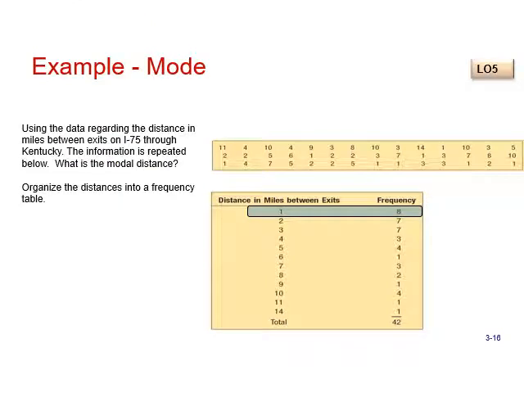Okay, let's take an example. Using the data regarding the distance in miles between exits on 1 up to 75, the information is repeated below. What is the modal distance? What is the most common value? We can organize the distances in a frequency table to know how often the values repeat.